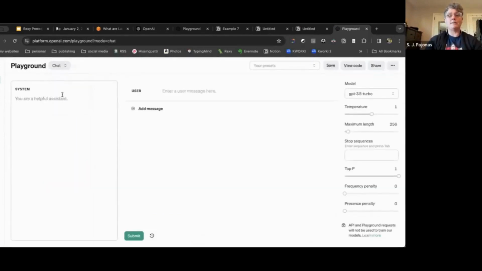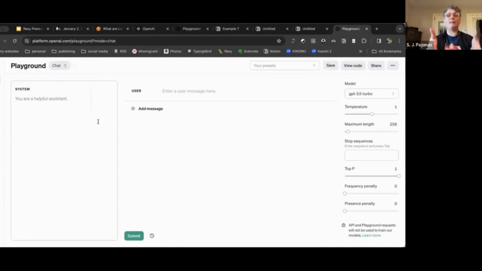The chat interface consists of a system message over here on the left-hand side. This system message helps point the AI in the right direction. So you can tell it things like you're an expert in marketing, or you are a New York Times best-selling author of horror fiction, right?